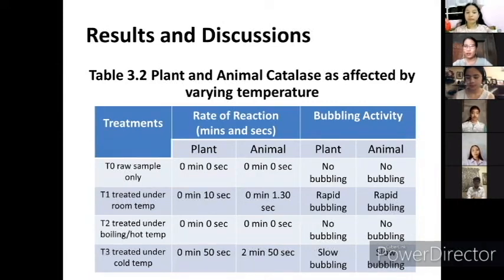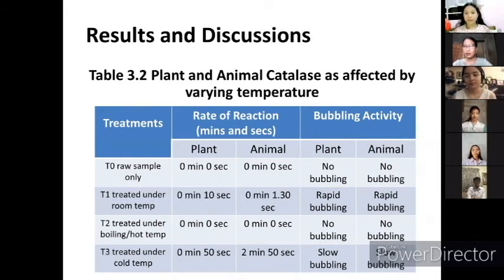If we are to compare each of the three treatments, treatment 1 and 3 showed enzymatic activity, but they differed in the rate and bubbling activity. Napakabilis ng rate of reaction sa treatment 1, which is room temperature. Room temperature, that's just around 28 to 30 degrees Celsius.